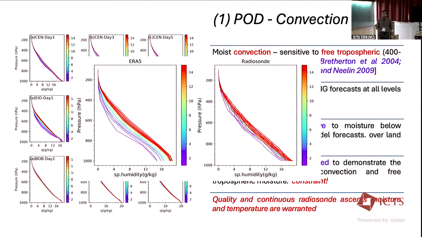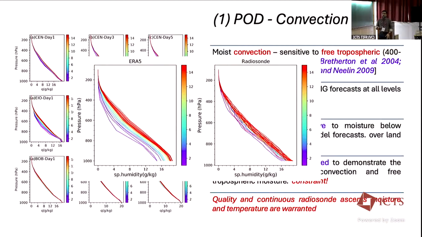But our radiosondes don't show anything like that. It's almost all the same. You can say that the surface instabilities are acting much more than the free troposphere to give this kind of rainfall sensitivity with the specific humidity.